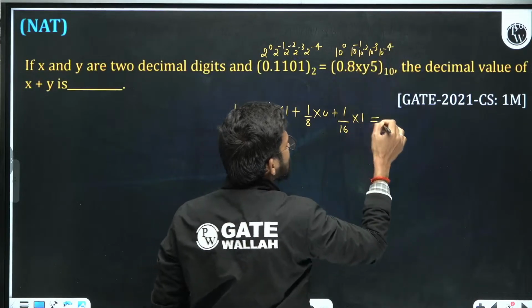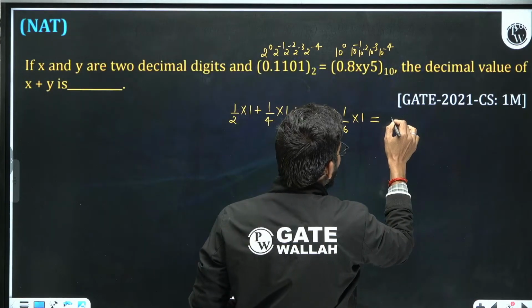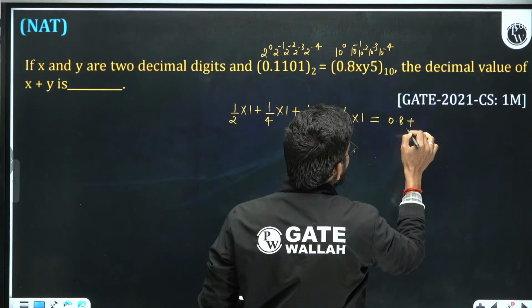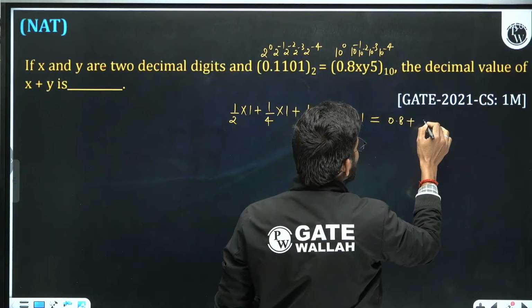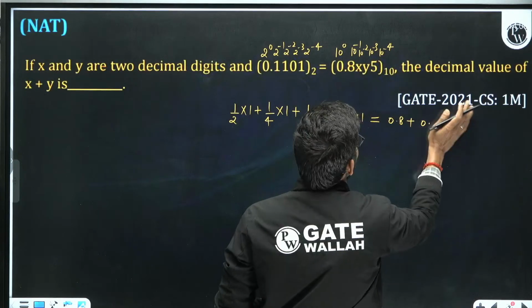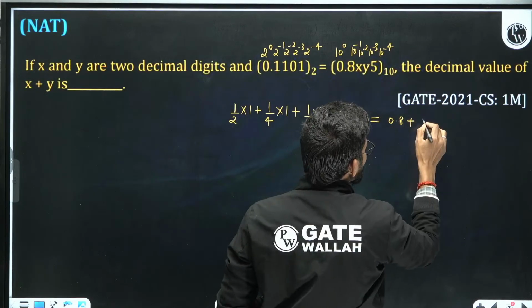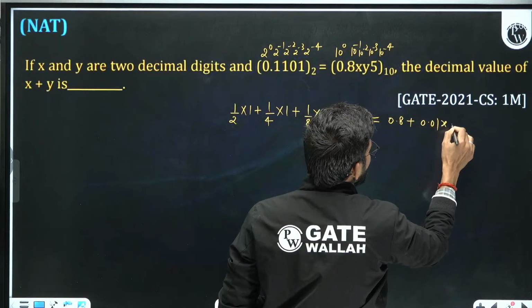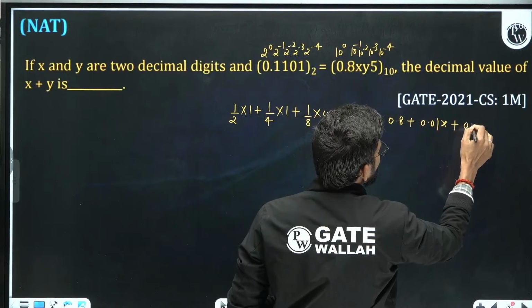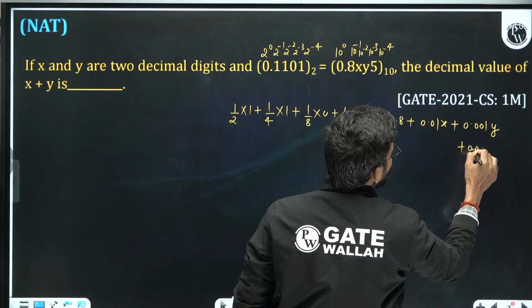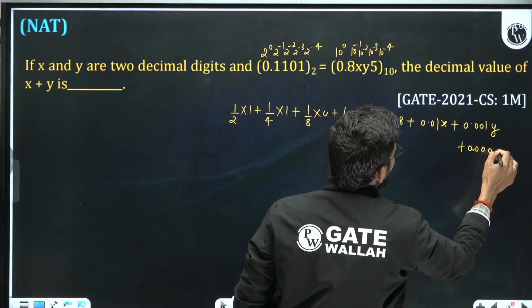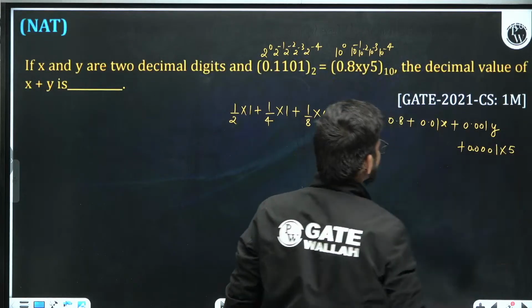So this is 8 into 10 to the power minus 1, that is 0.8, plus 0.01 into x, plus 0.001 into y, plus 0.0001 into 5.